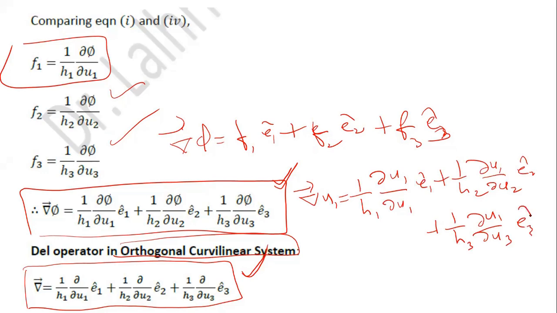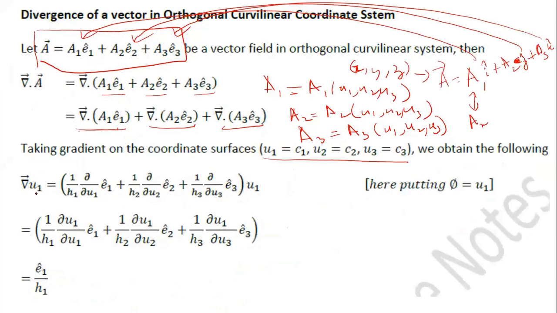You know that U1, U2, and U3 are coordinate variables, just like X, Y, Z, they are independent. So del U1 upon del U2 is 0, del U1 upon del U3 is 0, and del U1 upon del U1 is 1. So your grad of U1 will be equal to E1 cap upon H1. So when you take a grad of U1, this is the del operator operating on your U1.